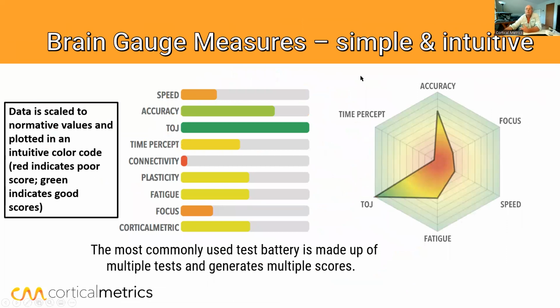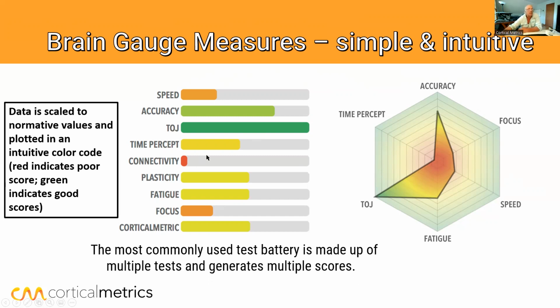Okay, so what do the brain gauge measures look like? We've given all these tests, and we spit out labels on each of these tests that are mechanistically related. This is just a commonly used test battery. It takes 15 to 20 minutes, depending on how fast you take it. Then we display it in what we think is a fairly intuitive manner. Green is good, red is bad.